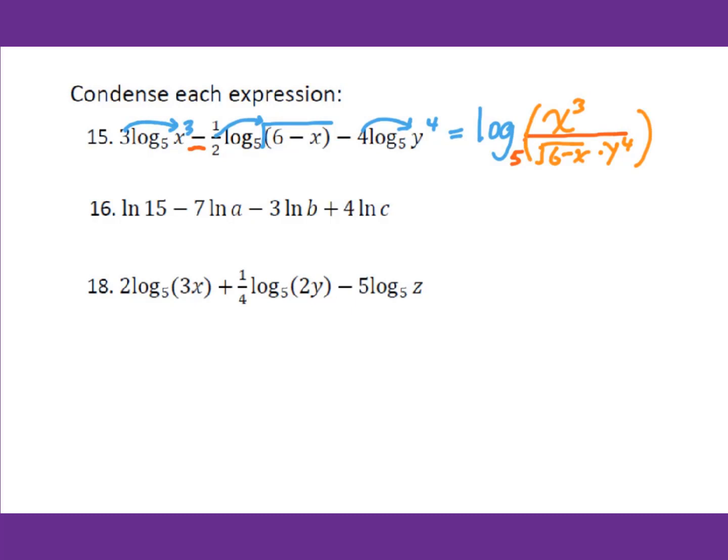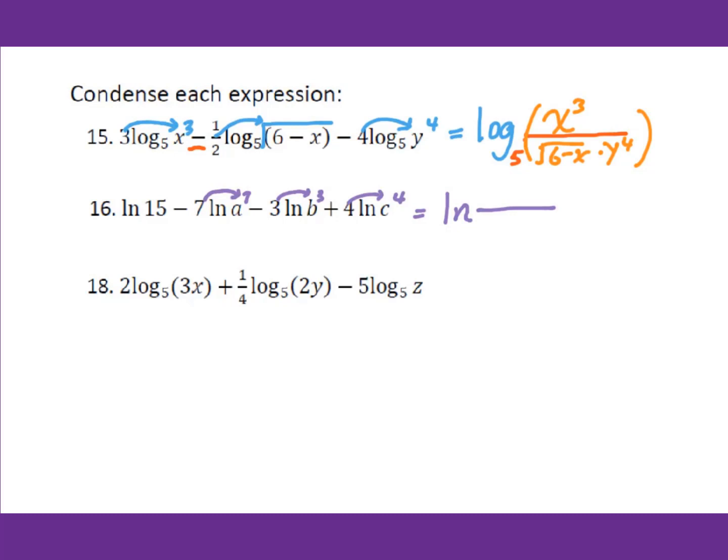For 16, clear the log first. That's a to the 7th power, b to the 3rd power, c to the 4th power. Then I got the natural log. Since we have subtraction, we have a division line.